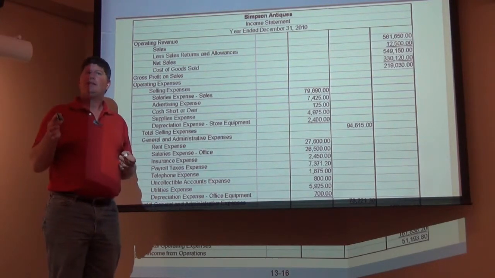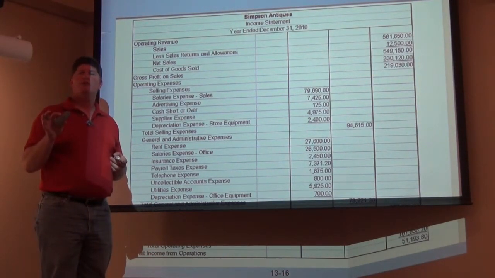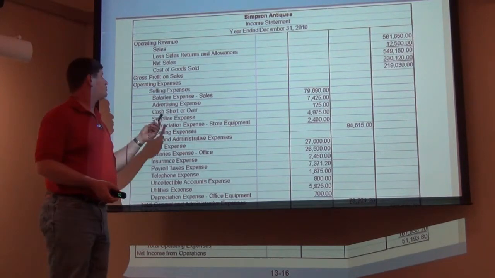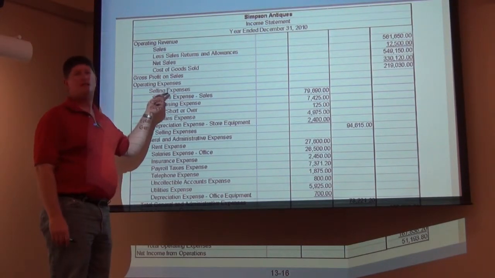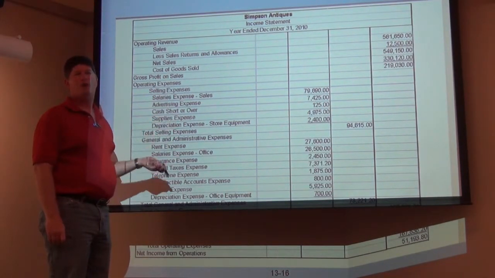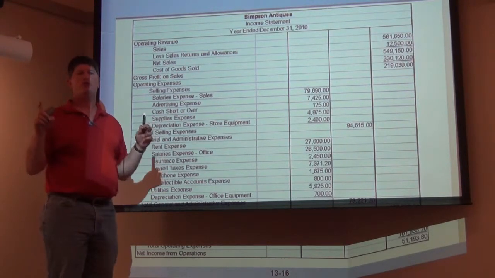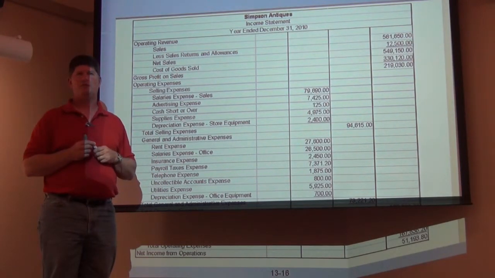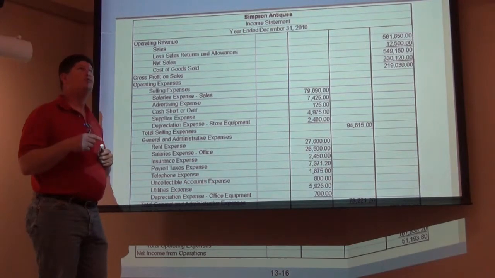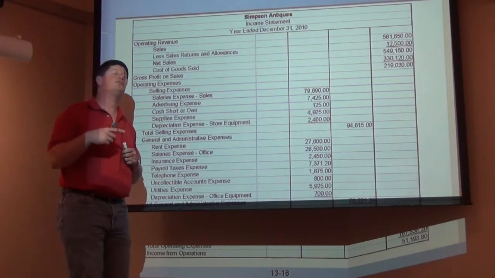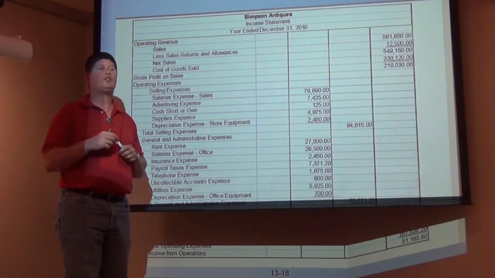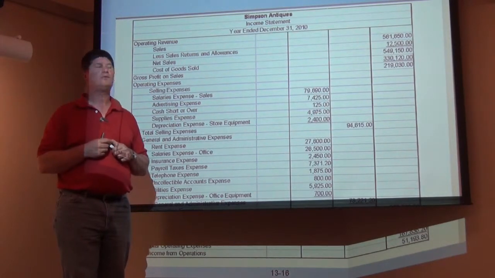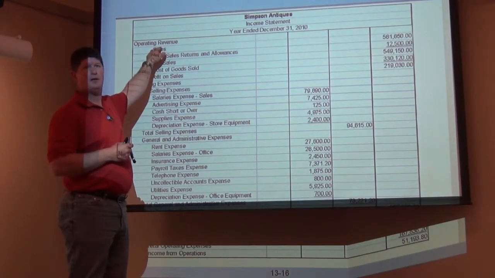But here's the new twist. It's standard procedure to break out your selling expenses from your other operating expenses, what are called general and administrative expenses. Because a lot of companies like to watch, and it helps them manage their companies, to watch how much it costs them to generate the sales up here.